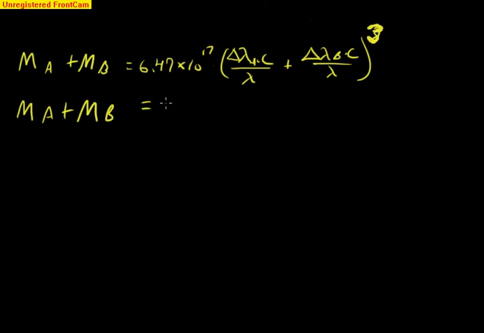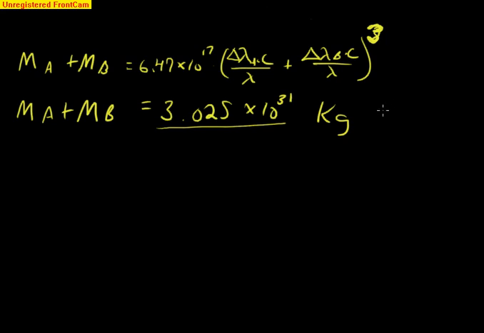This works out to be 3.025 times 10 to the 31st, obviously kilograms, dealing with mass. And this is a really big number. Let's put this in terms of the sun.